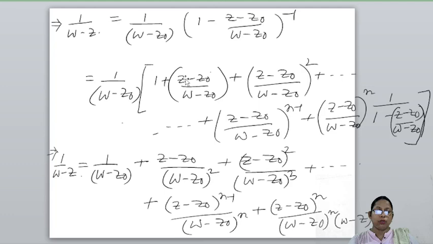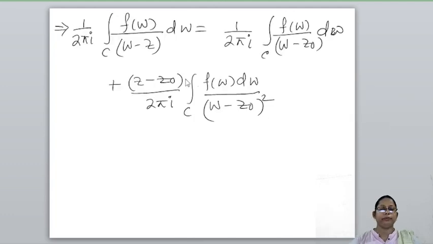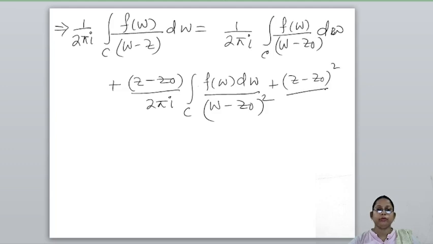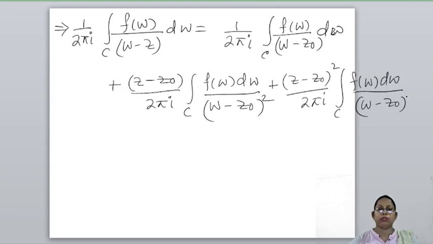Is it? Okay. Next, the third term is (z minus z naught) squared by 2 pi i times the integral over C of f(w) dw by (w minus z naught) cubed, and it goes on.